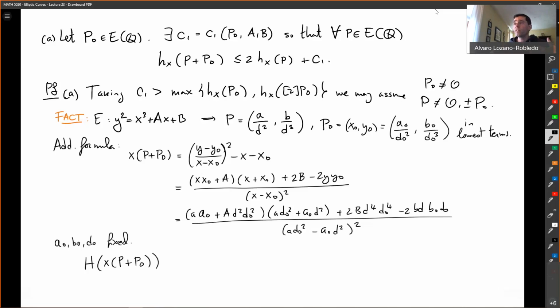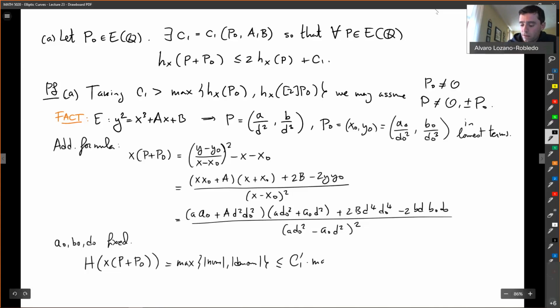So this is the max of the absolute value of the numerator and the denominator, and I claim this is less or equal to a constant times the max of, if you just throw absolute values everywhere and see what happens, everything is going to be a multiple of the absolute value of a squared, the absolute value of d to the 4th, or the absolute value of b times d, times things that depend on a0, b0, and d0, which are fixed, and those I'm throwing into the C1 prime.